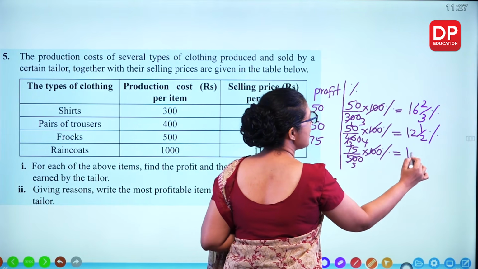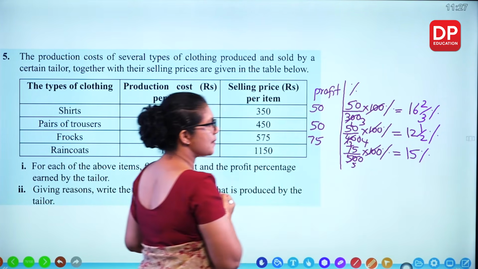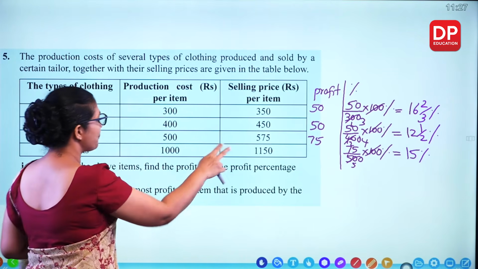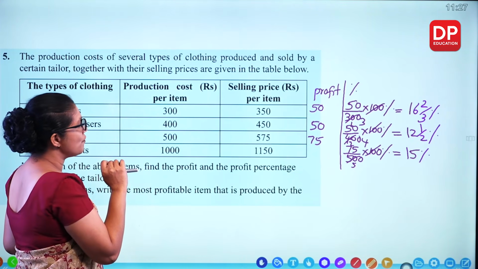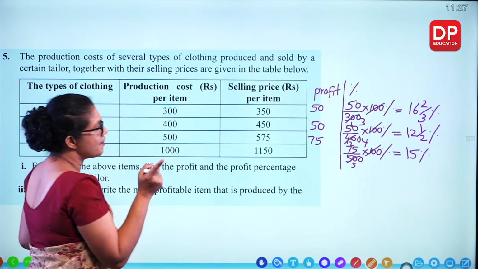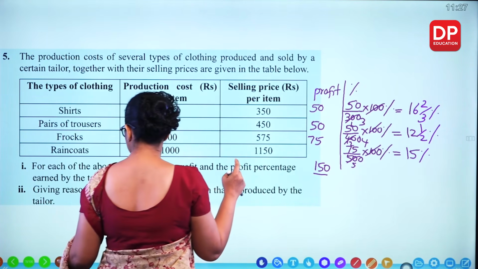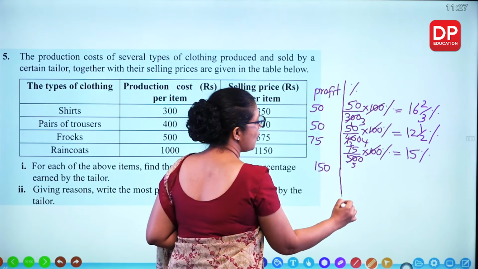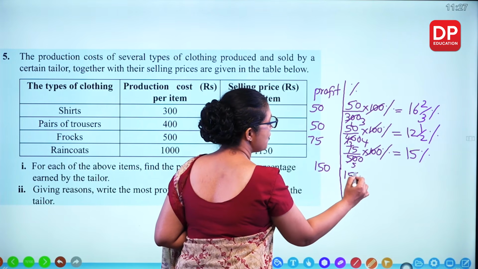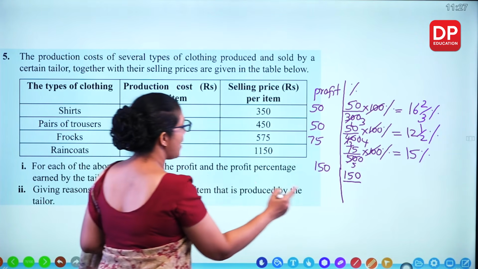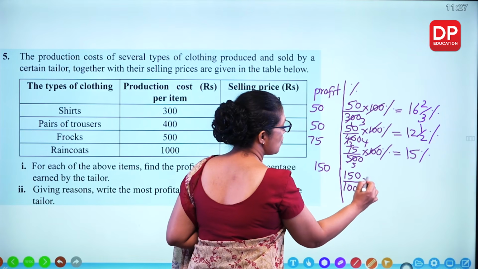For 25, that's 5. So 15%. The last one. So 1000 and 1150, what's the profit? 150. And what's the percentage? 150 divided by 1000 into 100.